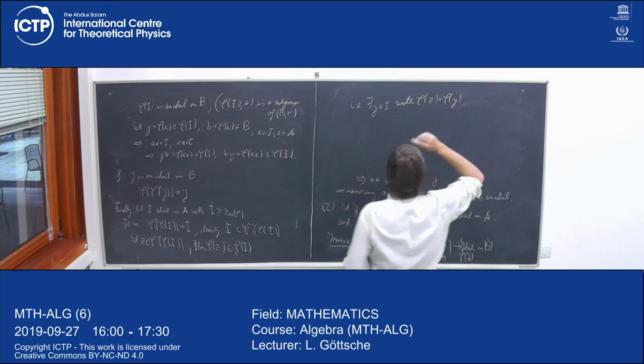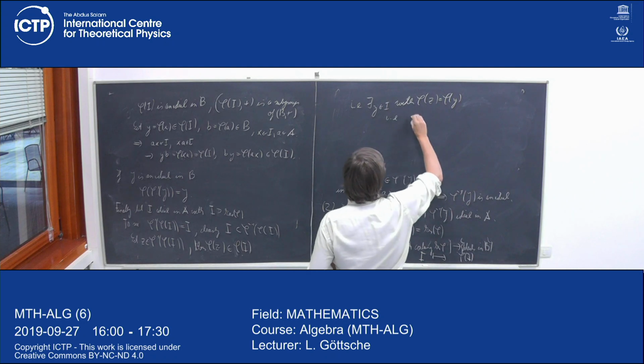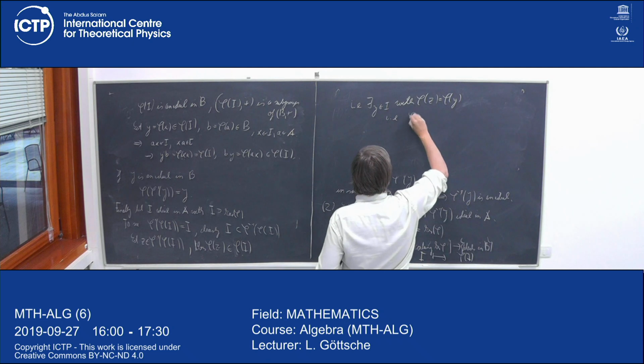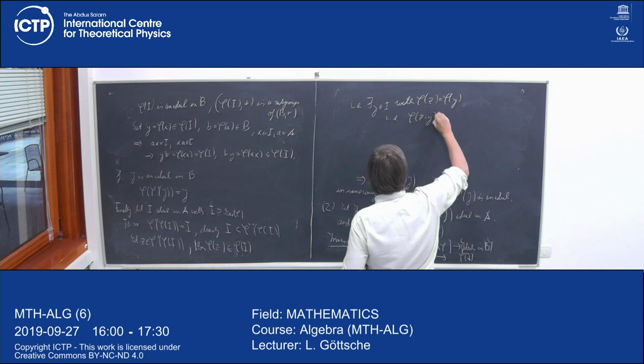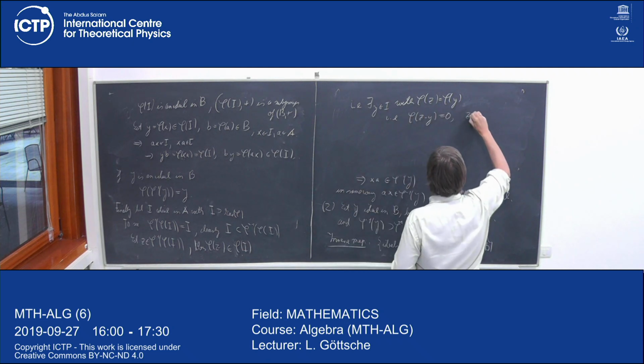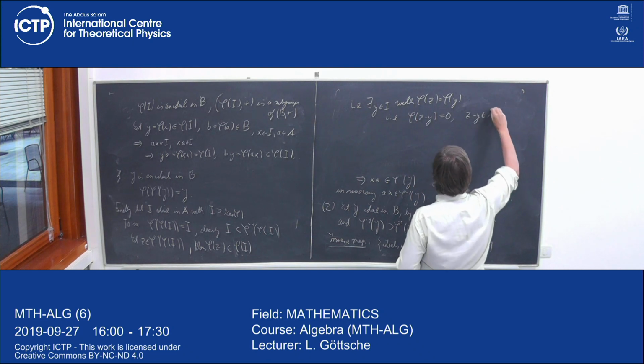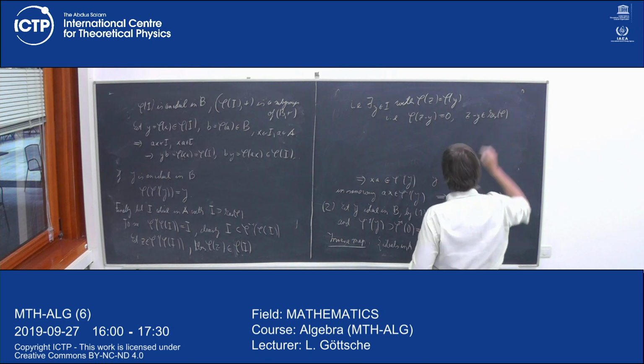So phi of z minus y is equal to 0, so that means z minus y is in the kernel of phi.